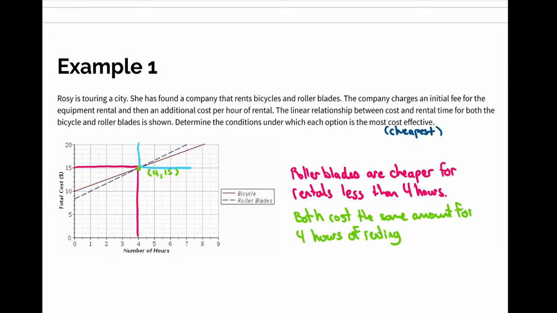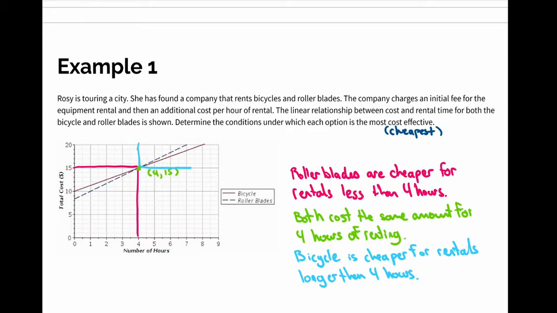And then lastly, the third case is that the bicycle is cheaper for rentals longer or more than 4 hours. So again, those are three scenarios.